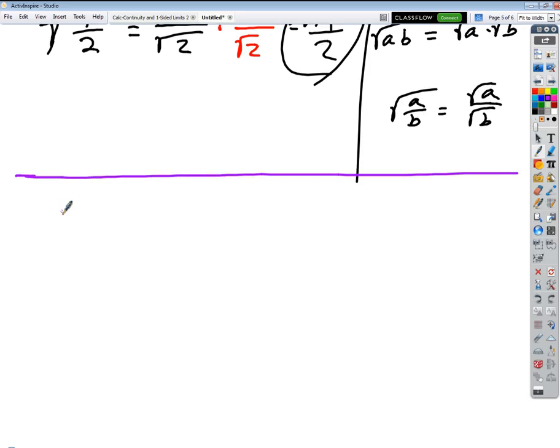How about this one? Simplify this for me. What do we get?